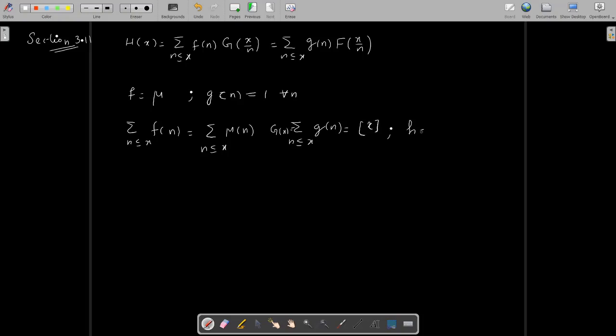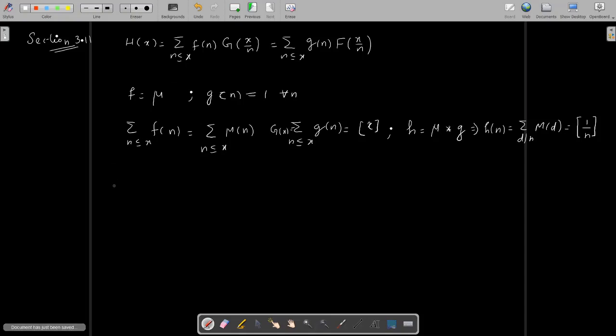Now we have h equal to mu star g. What is mu star g? H of n is sigma d divides n, mu of d, g of n by d. And this is equal to the integral part of 1 by n, because this is the divisor sum formula for mu. So sigma d divides n, mu of d, is equal to the integral part of 1 by n. These are the changes in that theorem.